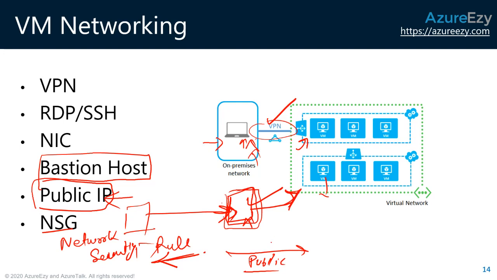You must be using some port, like either you are accessing the VM on port 80, or maybe on the RDP port, or on the SSH port, which is 22. It can be any port, based on the service that you are using.